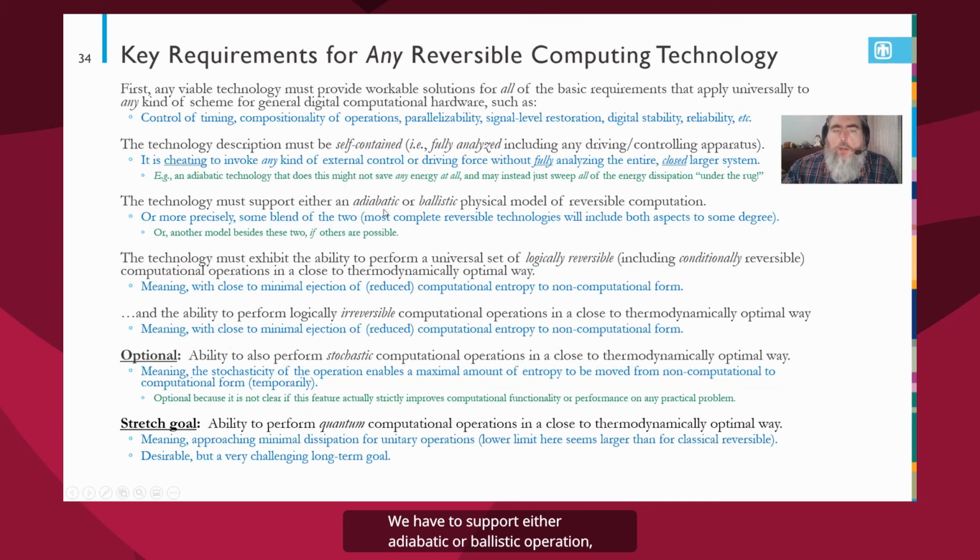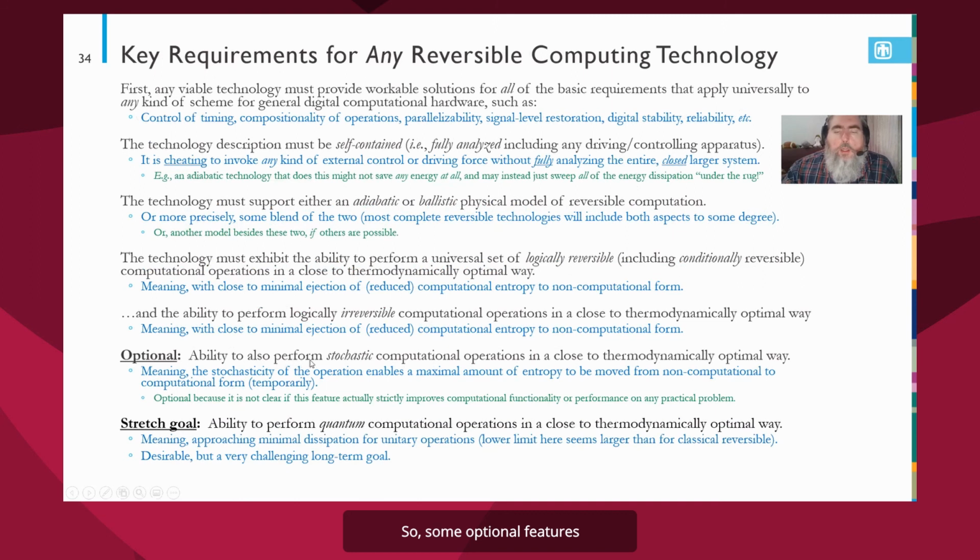We have to support either adiabatic or ballistic operation, or perhaps some novel approach that is neither of those, but I think most realistic approaches will include both of these aspects to some degree. It needs to be capable of performing universal logic, and to be able to do that in a way that is close to thermodynamically optimal, both for reversible operations as well as for irreversible operations, which may actually be desirable in optimal algorithms.